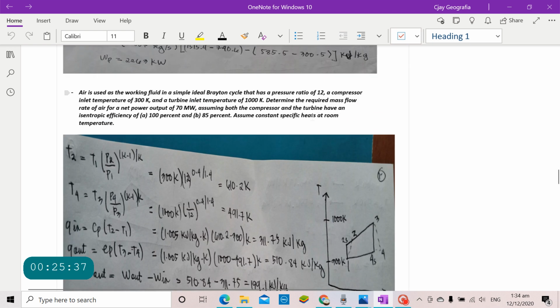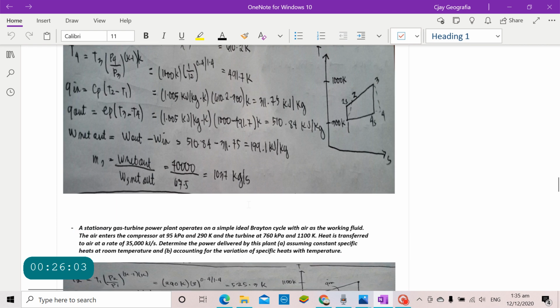We should use this formula with the specific heat ratio k, and the value of k is 1.4, so k minus 1 is 0.4. Then manipulate, put the values inside, and you will get 610.2 Kelvin, as well as this T4. We will use the same formula, same process.